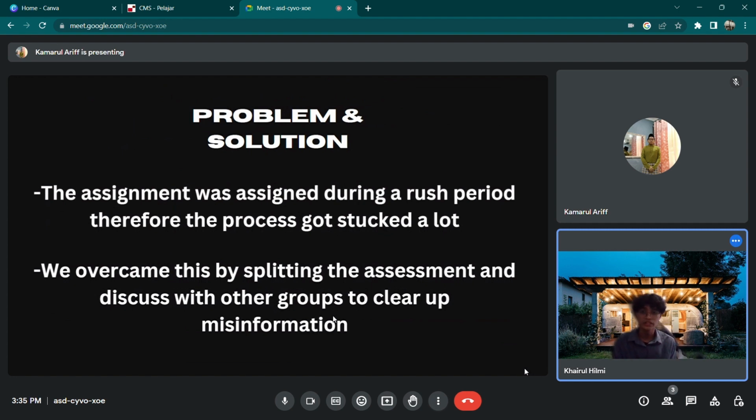We overcame this by splitting the assessment equally, so all the group members have their own parts, and discussing with other groups to clear up misinformation. So just in case there was anything we were not clear about, we would ask for other opinions and come up with a solution. Okay, next.